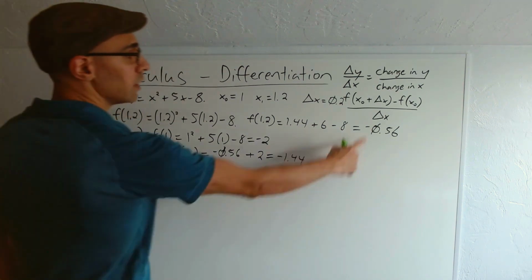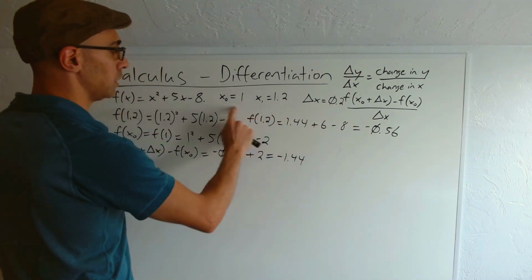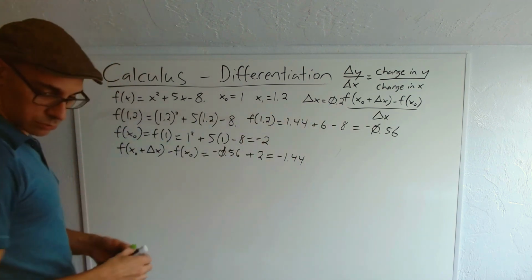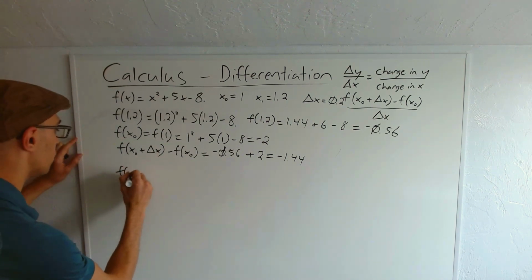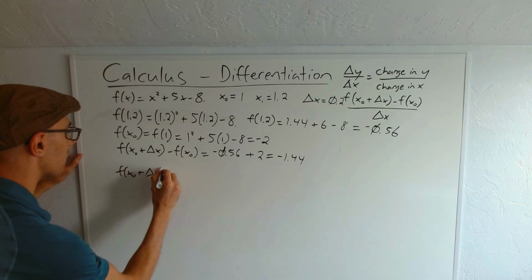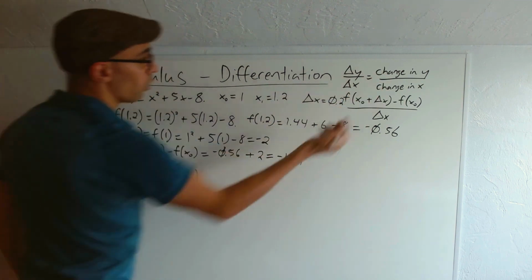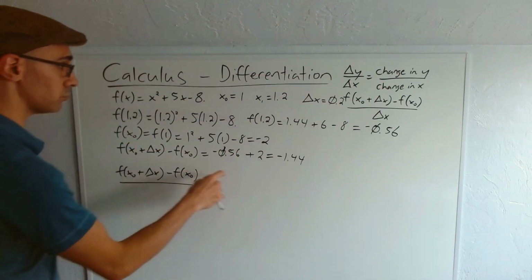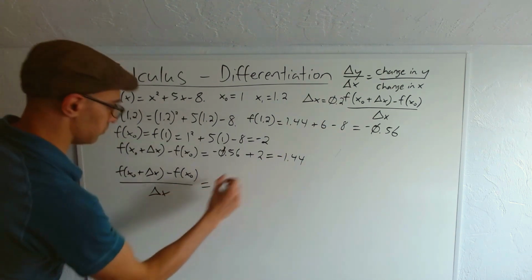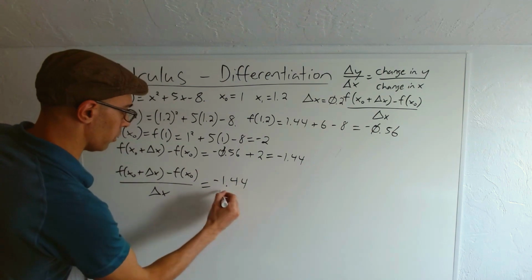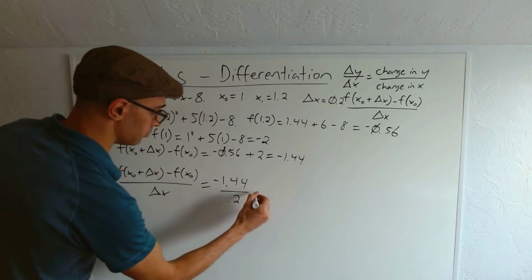So we found this. And then what is delta x? Well, again, we said that delta x was the difference between these two increments. So it's 0.2. So what we get is f of x naught plus delta x minus f of x naught, which is the change in y, basically the change in this function, now divided by delta x, is negative 1.44 divided by 0.2.